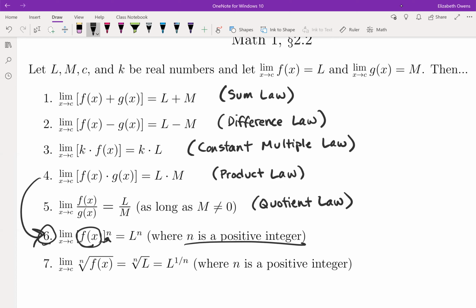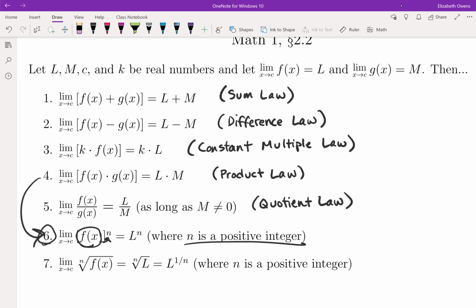Okay, n is a positive integer, so we are just raising it to some power, like the second power, third power, etc. So you can think of that as repeatedly applying law number 4. So like if this was f of x squared, for instance, it'd just be f of x times f of x. So according to law number 4, we would multiply L times L there.